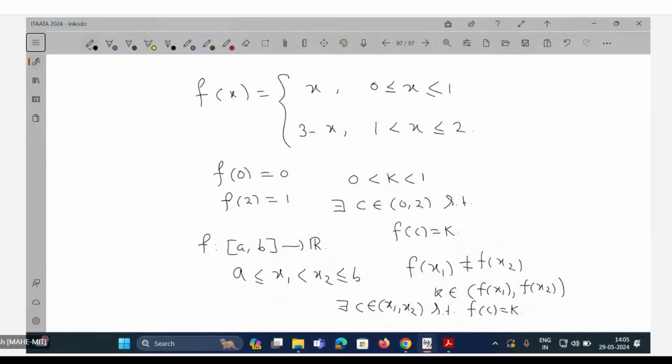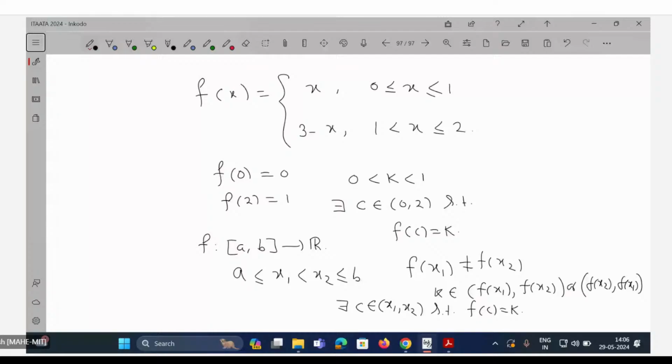So for every pair of points x1 and x2 for which f of x1 is not equal to f of x2, if we choose a number k in between f of x1 and f of x2, it might be possible that f of x2 is greater than f of x1, then there will exist an element c in between x1 and x2 such that f of c equals k.